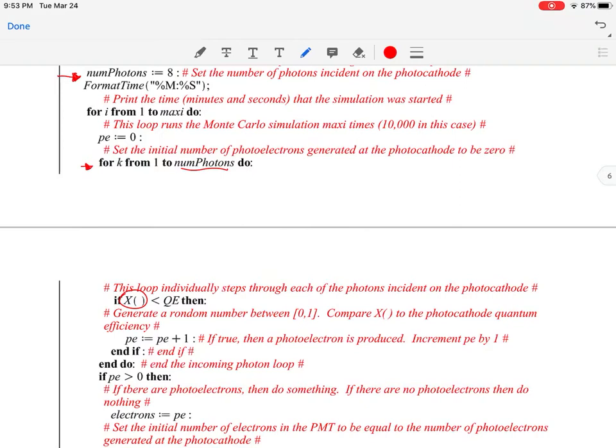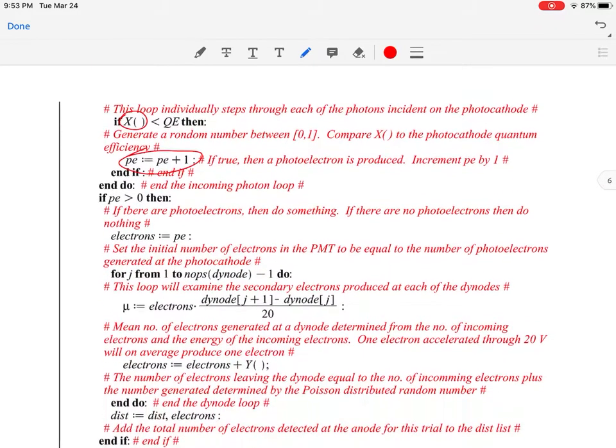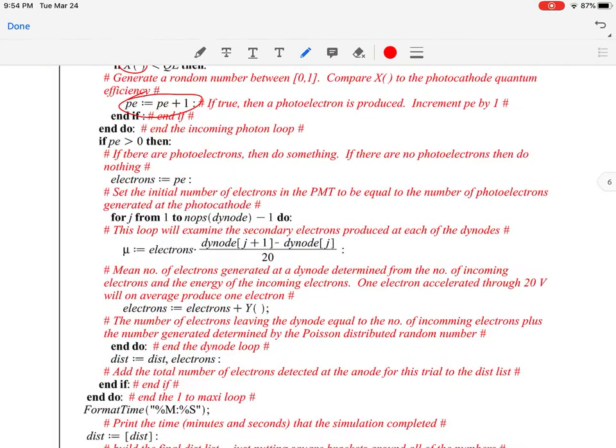And so every time you draw a value of x that's less than the quantum efficiency, we increment the number of photoelectrons. So it started at 0. And if we draw x less than 0.23, we increment the number of photoelectrons. After that, everything else is exactly the same. We're just starting with different numbers of photoelectrons generated from the 8 incoming photons.